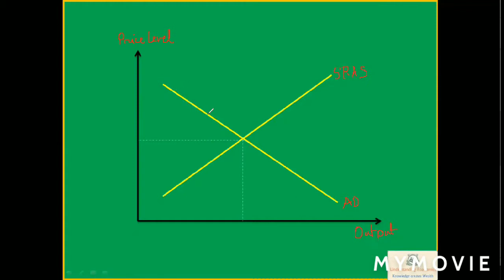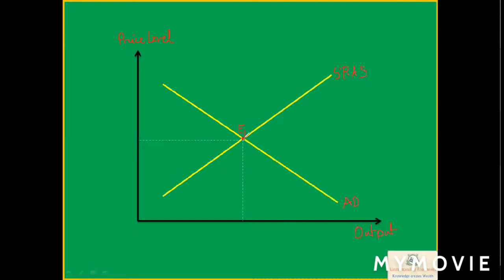So our aggregate demand curve is the downward sloping demand curve. Now this is the point where the short-run aggregate supply curve and the aggregate demand curve intersect with each other. So this is the equilibrium point, and we'll consider it as the initial equilibrium point.